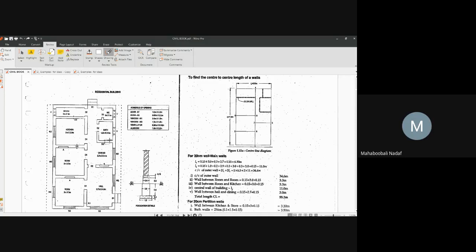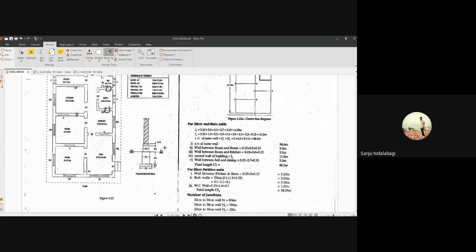Add that too. Then last, 2.1 plus 0.2/2 plus 0.2/2, 2.3 sir. Add all that. 10.35 sir, 10.35 is the correct answer.